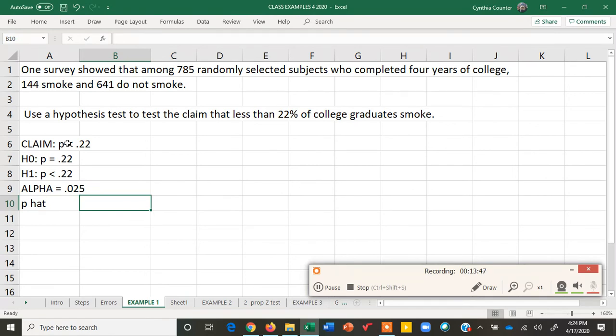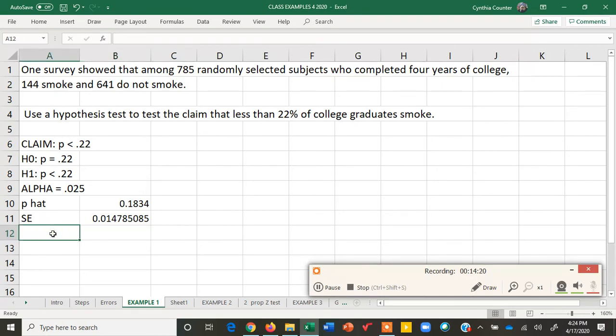Now we do our computations. Start with p hat. This hasn't changed from our last problem, so it's still 144 divided by 785, so we still have the 18%. But now the standard error will be different because we have a different value for P. This time we are assuming that P is 0.22. So we have the square root of 0.22 times 1 minus 0.22, close parenthesis, divided by 785, close parenthesis.